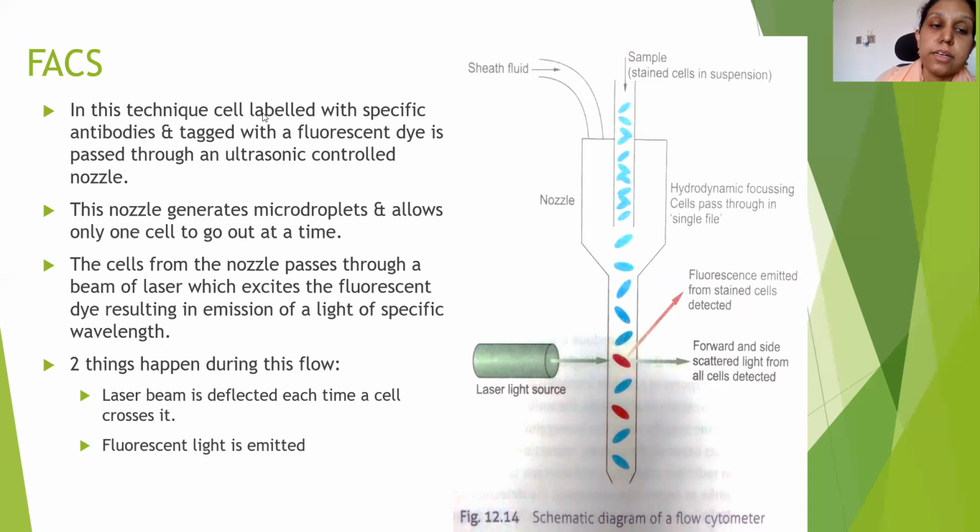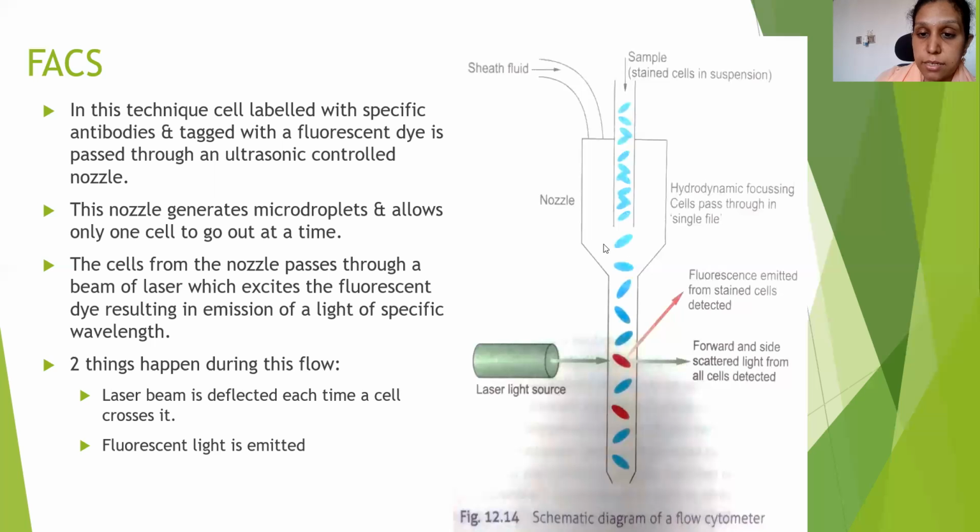So in this technique, a cell labeled with a specific antibody and tagged with a fluorescent dye is passed to an ultrasonically controlled nozzle. This nozzle generates micro droplets and allows one cell to go at a time.